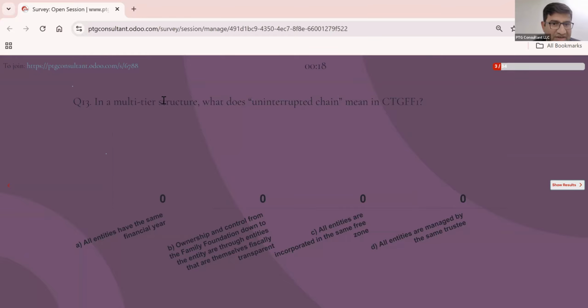One is the multi-tier structure, another is the uninterrupted chain. Here we are discussing specific points, but for a comprehensive understanding, of course, we have to go back and learn the relevant legislation. But these are the key points that will help us.